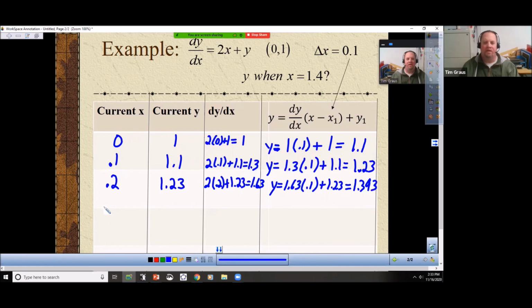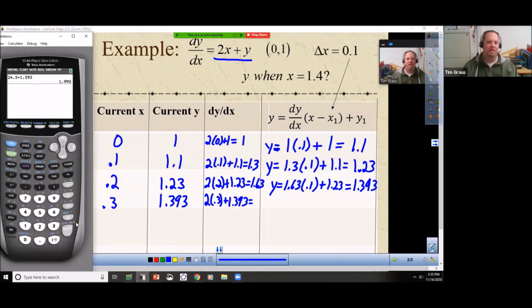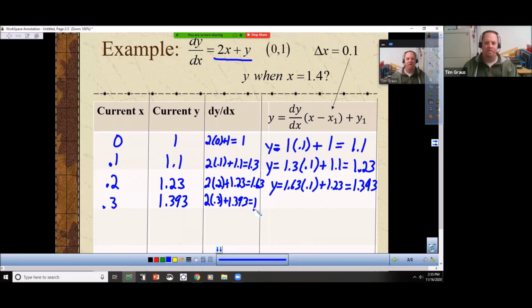So I have an x value of 0.3, y value of 1.393, and I'm going to use these two values to calculate dy dx again. Notice I'm still using the formula for dy dx, 2 times x plus y, 2 times 0.3 plus 1.393, and the calculator this time gives me 1.993. Put that in my point slope form, that is the slope, 1.993 times the change in x.